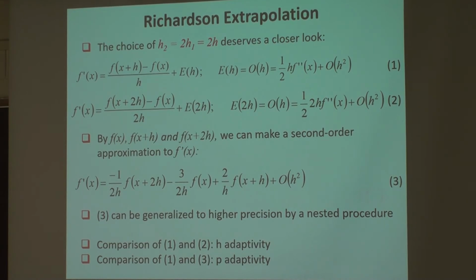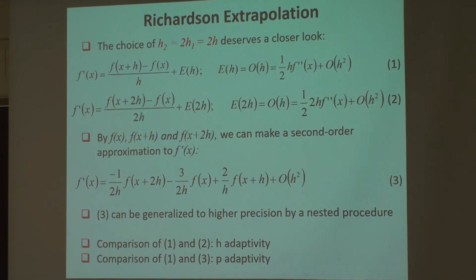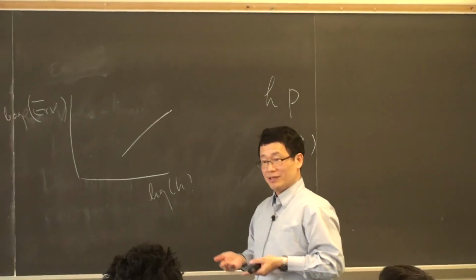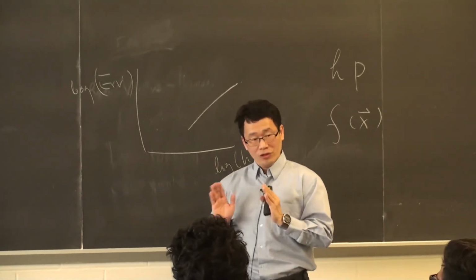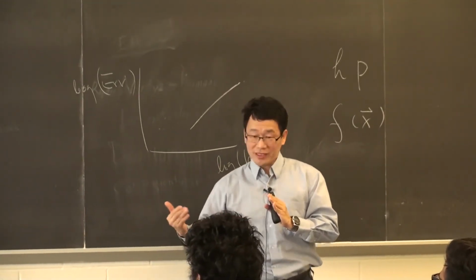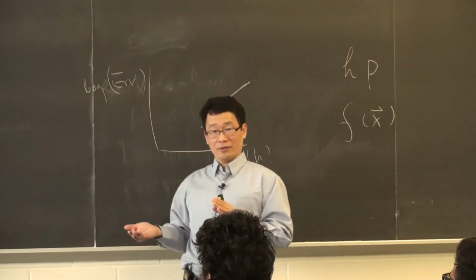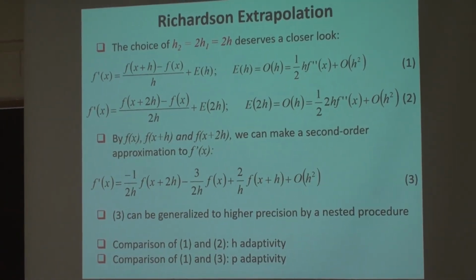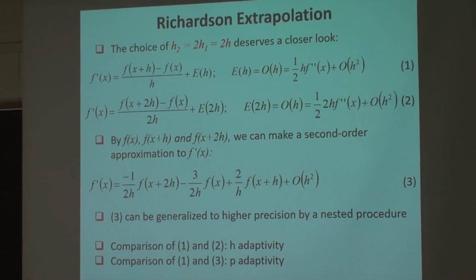If my first order and second order approximations are very far apart, that means my H is too large, and I should chop it down. That's the central message of HP adaptivity. When you have more sampling points, without knowing the ground truth, you can perturb the system to know its behavior. You can make a quantitative measure of how good it is and how to adapt to the error.